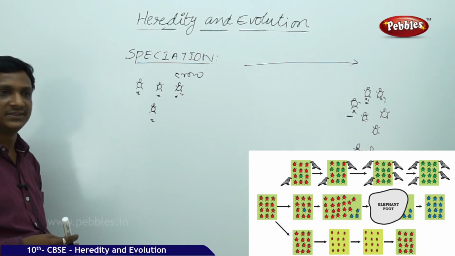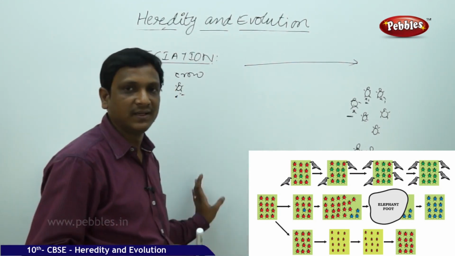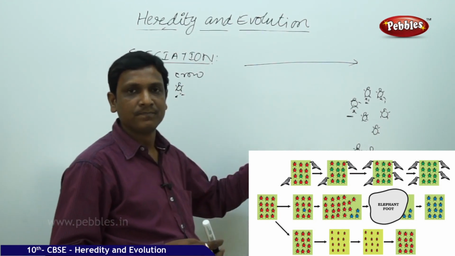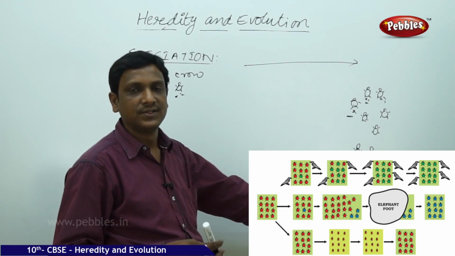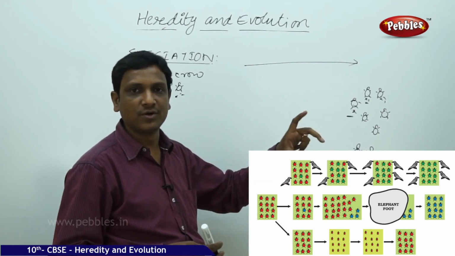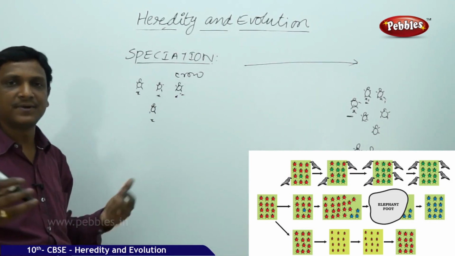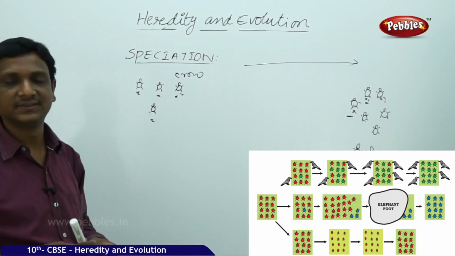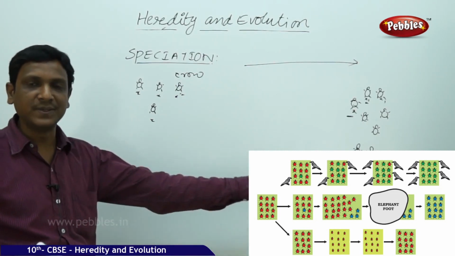So after so many generations, this beetle cannot mate with the other beetle X1. If reproduction is not possible between two organisms, you consider them separate species. That is what happens. So you can say that a new species is formed here.